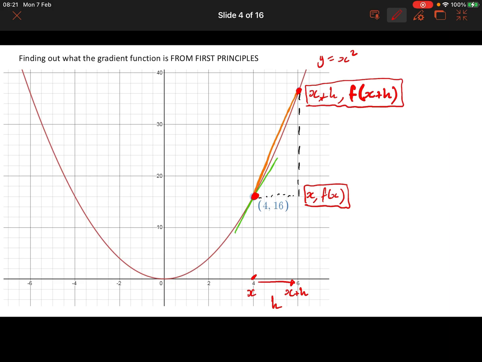Okay, so what is the gradient of this line? Well, it's going to be the change in y, which is f of x plus h minus f of x, and then it's going to be divided by the change in x. Well, that's just the distance h. Okay, so we'll just call this g for the gradient function for the time being.